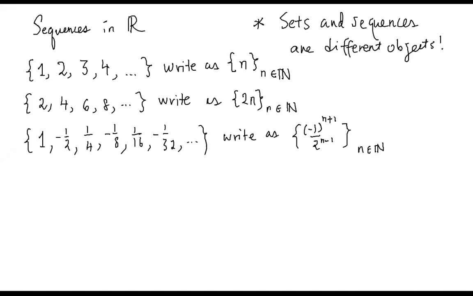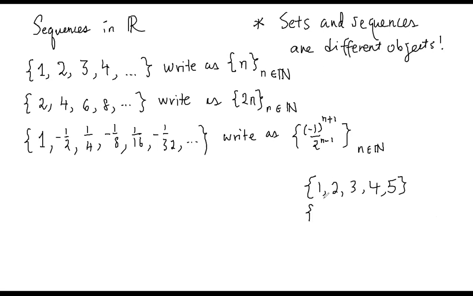A set is basically just a collection of numbers without any regard to the order of listing the numbers. For example, if you write 1, 2, 3, 4, 5, this can be a sequence. Well, this is a finite sequence.